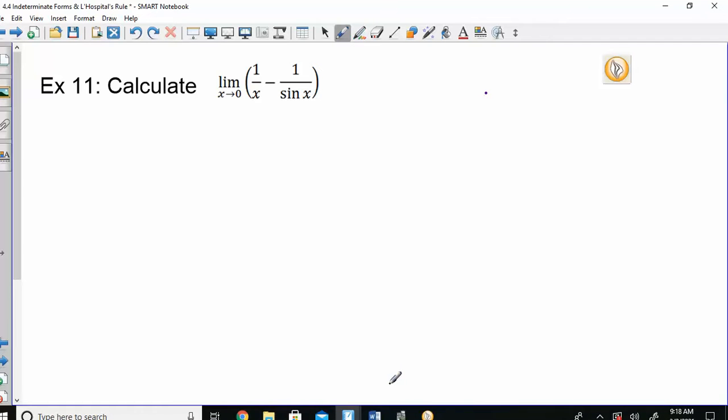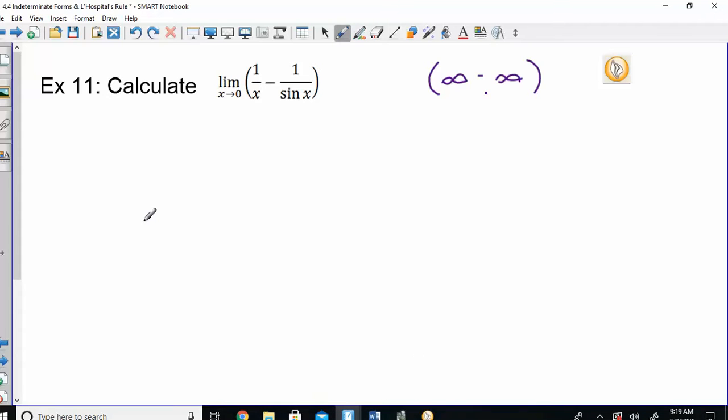Okay, if I were to plug in 1 over 0, will be going to infinity. Sine of 0 is 0, so that would also be going 1 over 0, so that's going to infinity. So infinity minus infinity, do we know what to do with that? No. What's our strategy then? We want a quotient so we can do L'Hopital's. If you have a fraction minus a fraction, what could we do?